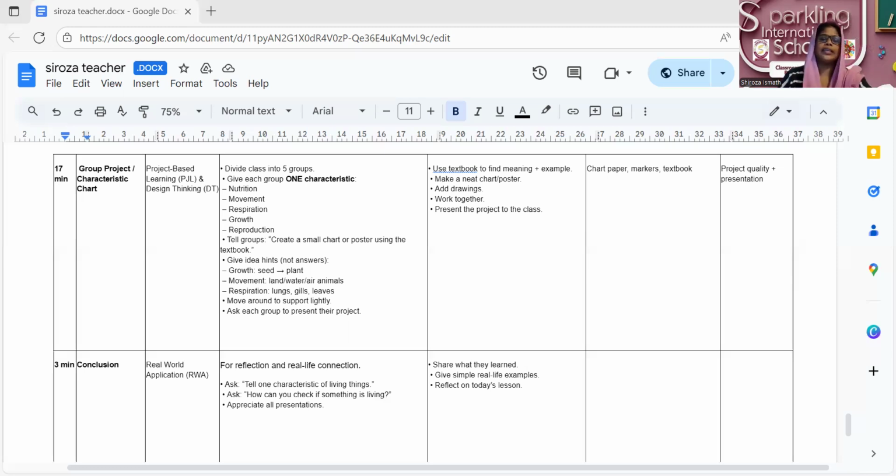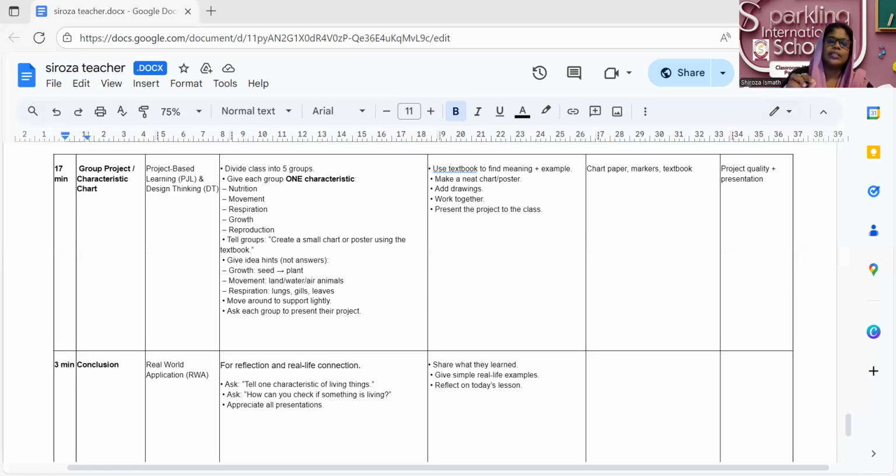The teaching aids: charts, cards, markers, crayons, pencils, textbooks. Assessment: did they write the correct meaning of the characteristic?